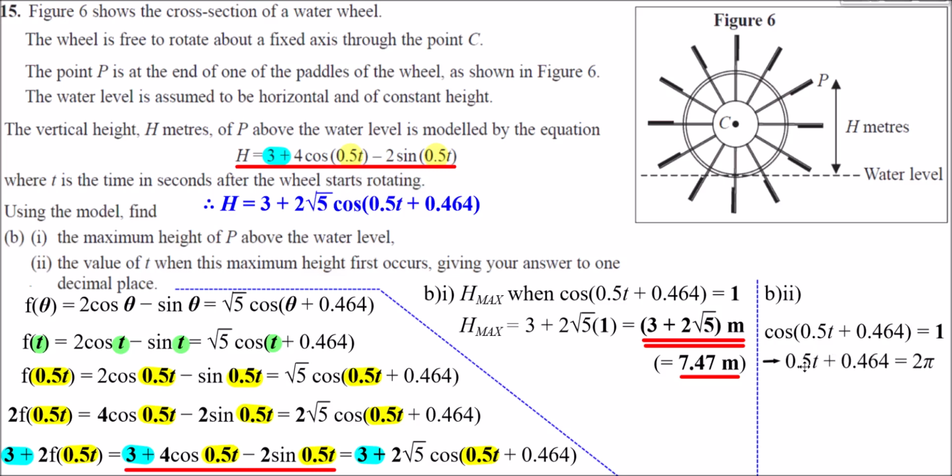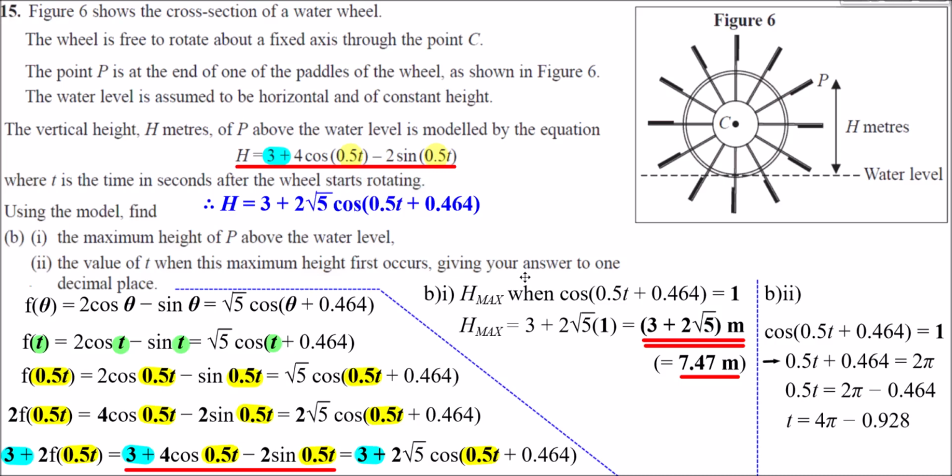If I now double this to get what an actual whole t would be, in fact I'll rearrange, I'll take away 0.464 first. I get that 0.5t equals 2 pi minus 0.464. Now if I double everything, I get that t equals 4 pi minus 0.928.